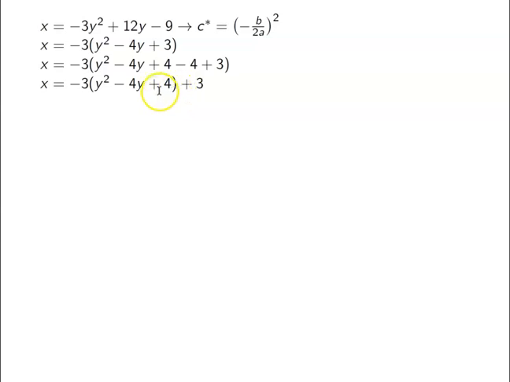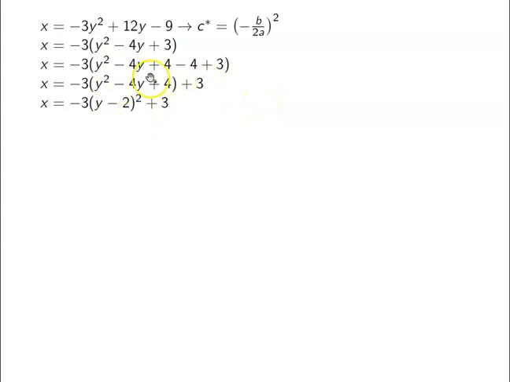And then from here, I can pull out my values. Don't forget to include this -3 here, right? So I have +4. This would be a -1. And so when I pull it out of the parentheses, it gets multiplied by this -3, which gives it a +3 value.